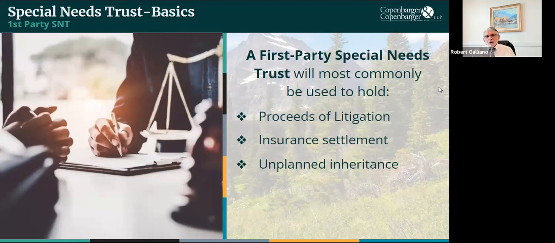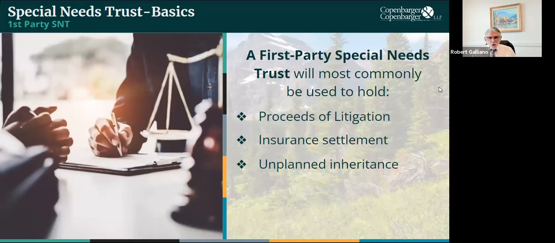And therefore, in their normal revocable trust, they will leave an inheritance to a beneficiary that is disabled. And the minute that the trust becomes irrevocable, which is upon the death of the settlor, that money then belongs to that beneficiary. And at that point, the only type of trust that can be created for the beneficiary is the first-party trust. And then the first-party trust requirement is payback to the state of California.